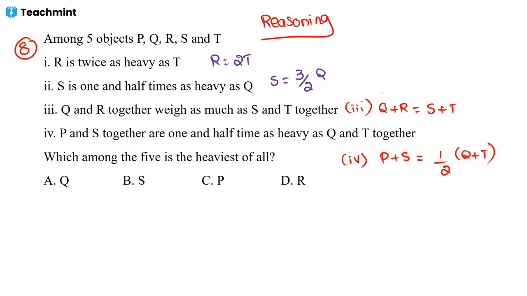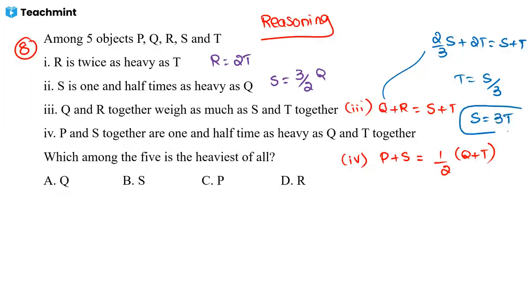So if you substitute Q is nothing but 2 by 3 times S, R as 2T, and here this is S plus T. T is nothing but S by 3, or S is equal to 3T. S is 3T, R is 2T. So definitely R is not the largest.